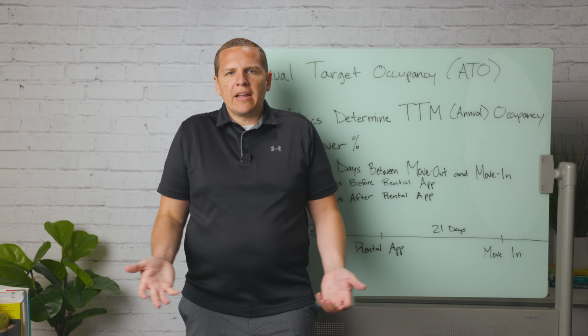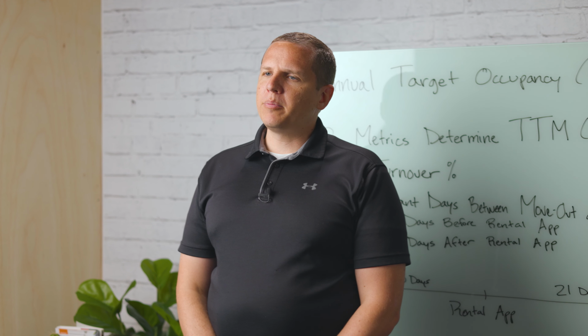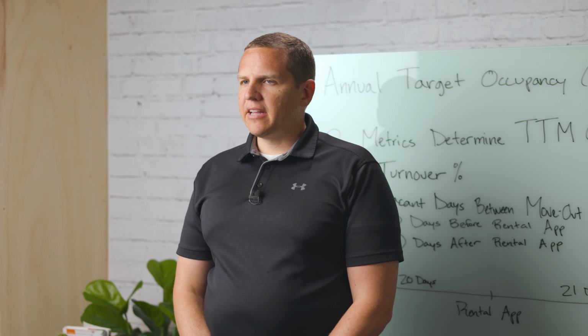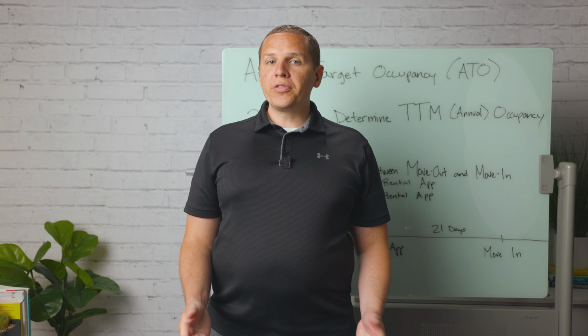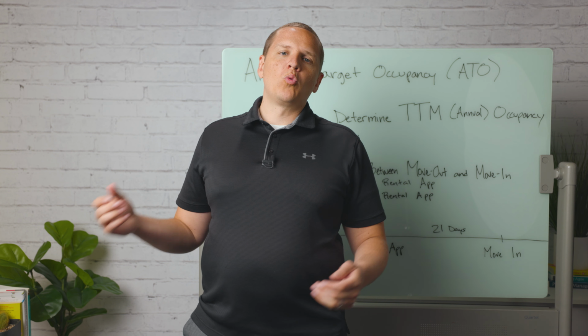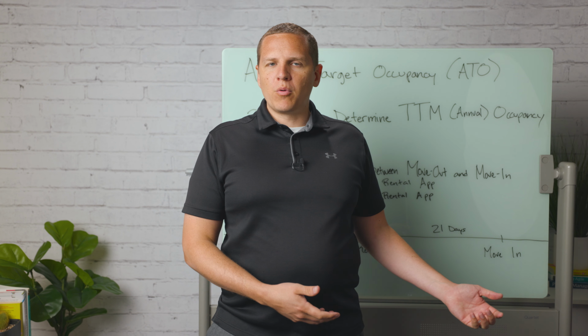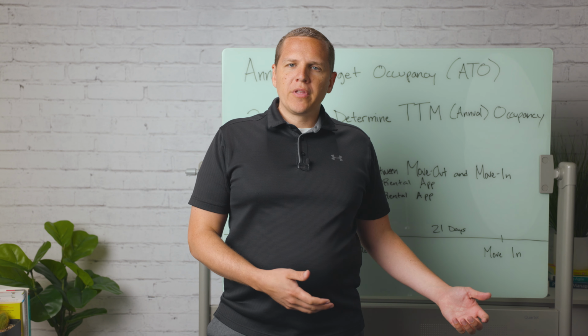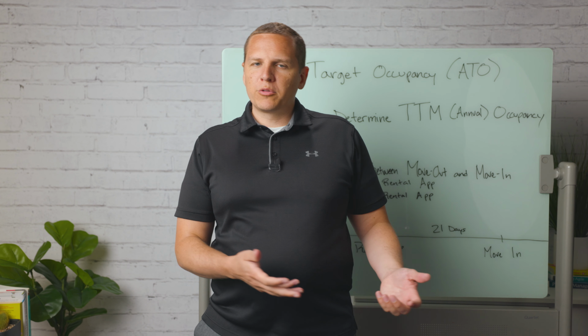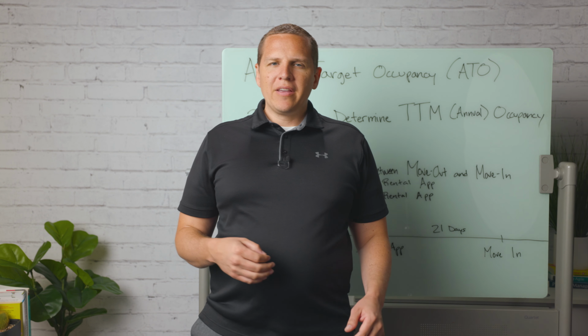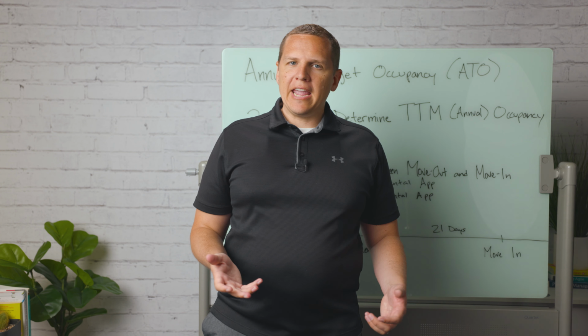Now, why would we put that in there? Oftentimes we see people's trailing 12-month occupancy be 96, 96.5%, and they set their annual target occupancy at 95%. What they're telling us is they want to perform worse than how they've performed in the last year. Now, unless you're willing to raise rents, which we'll talk about here shortly, that's really not a good aim.